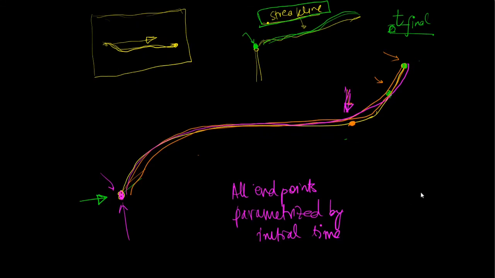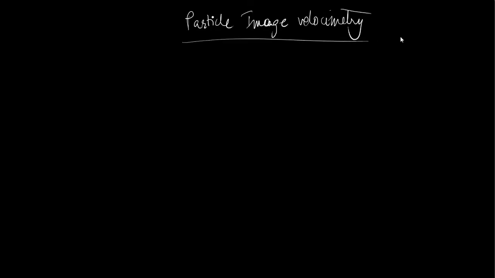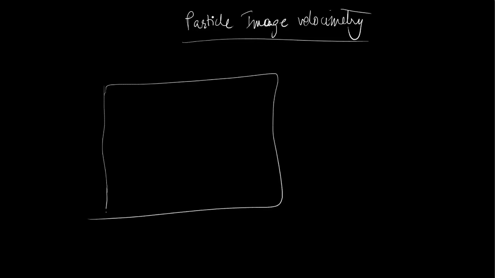Now, path lines are also important. Well, not path lines, but there is something called particle image velocimetry. Suppose in the flow you have put in a bunch of small neutrally buoyant particles like this.